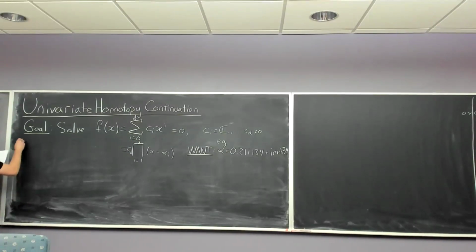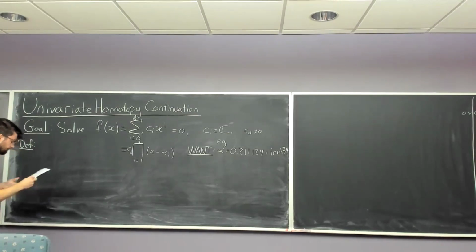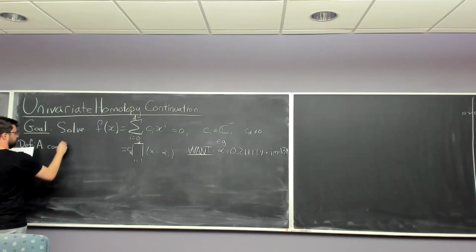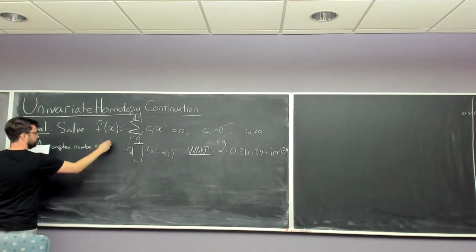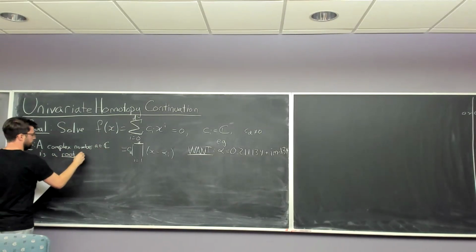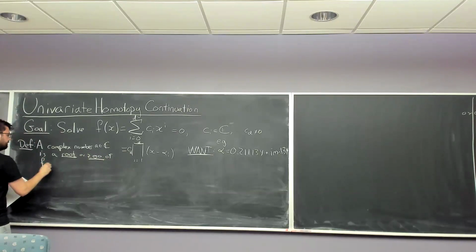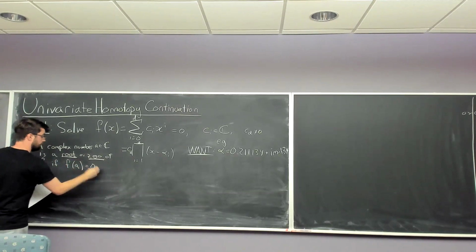Right, so some definitions and lemmas that we may recognize from previous courses. A complex number a is a root or zero of f if f of a is 0.